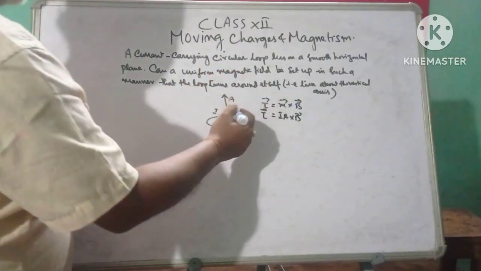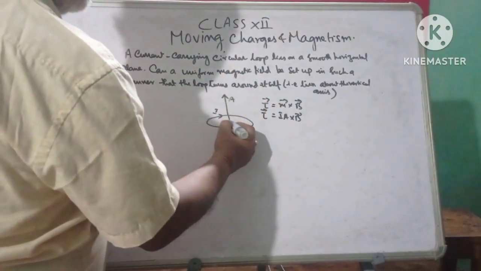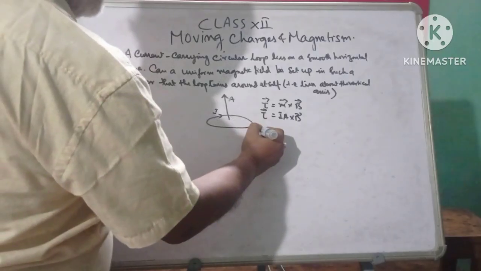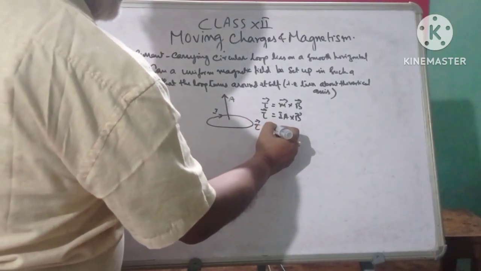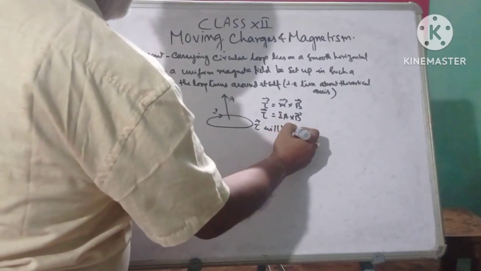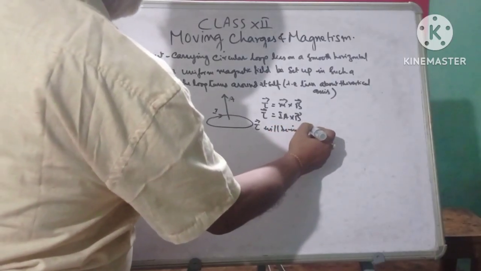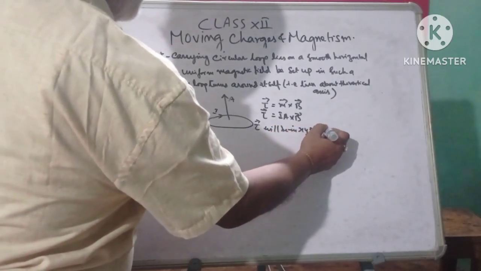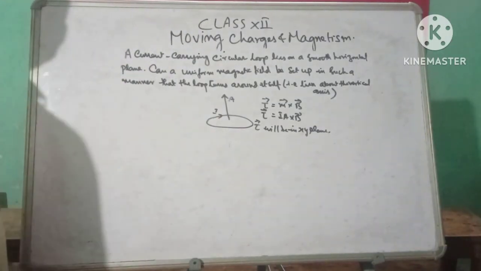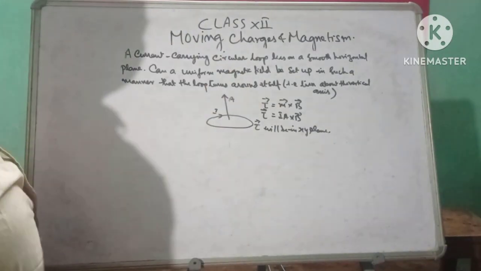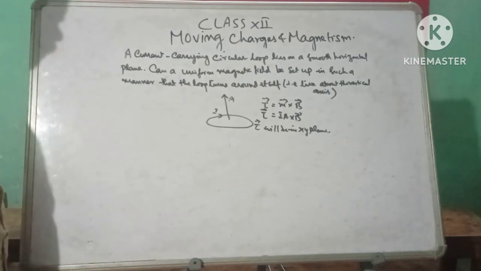So ultimately the torque will be in the XY plane. Since the torque is in the XY plane, rotation about the vertical axis is impossible.